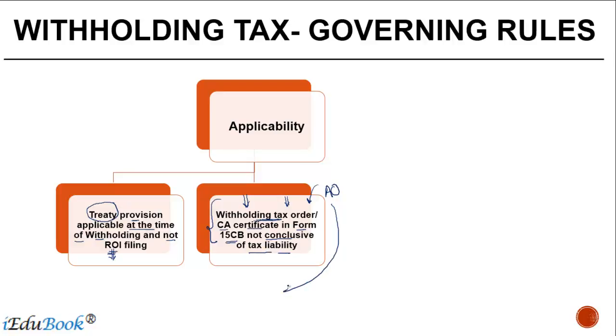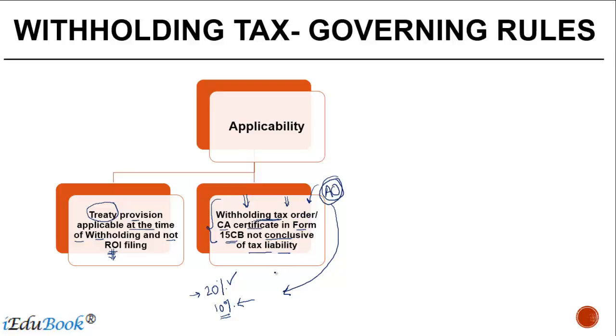So if an assessing officer says that you should pay tax at 20%, whereas the non-resident believes it should be 10%, this does not mean that the non-resident's liability is fixed at 20. He can still file his return where he says that my income is taxable at 10%, you passed an order to pay 20%, but this balance 10% should be refunded back to me. This order from the assessing officer is not conclusive of the tax liability.